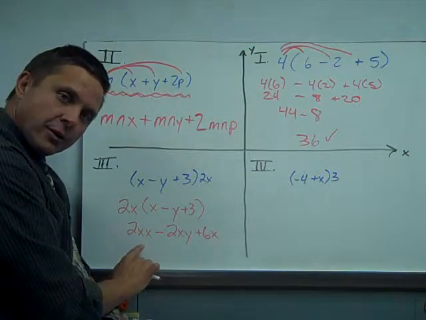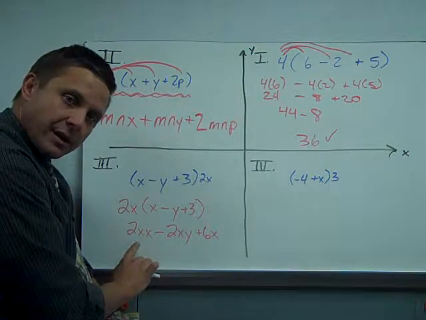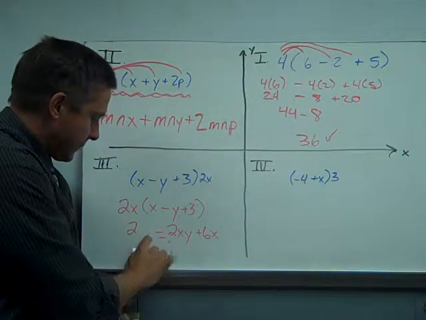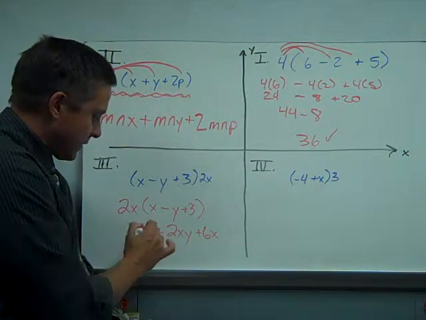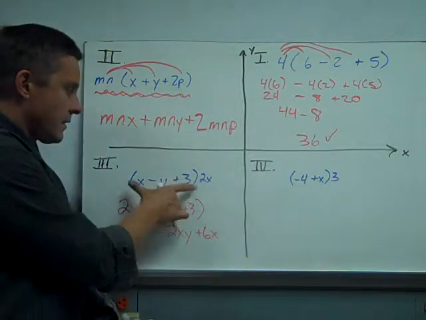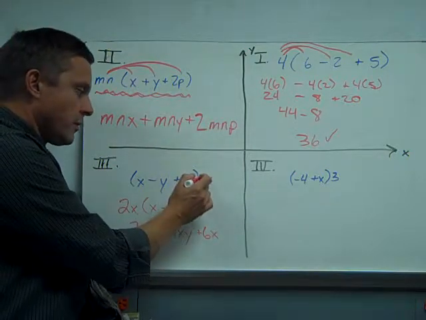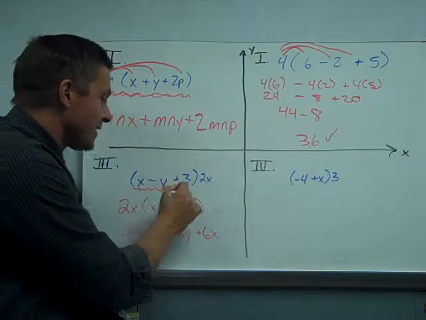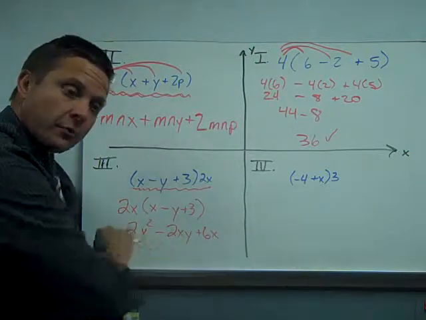Now, we don't like to go xx, and we haven't talked much about that yet, but x times x simply means x squared. You notice that we moved 2x to the front. There were 3 terms inside the parentheses, even though this currently is 1 term, we ended up with 3 terms.